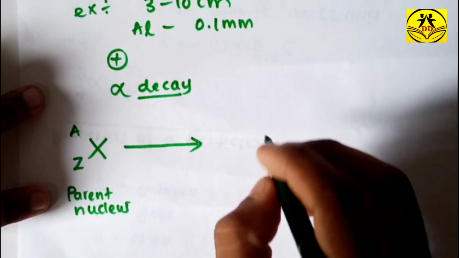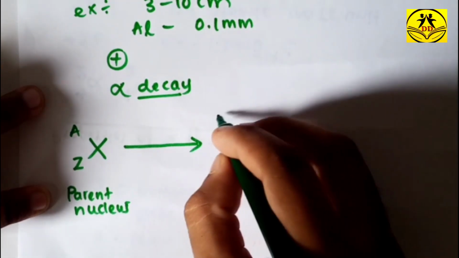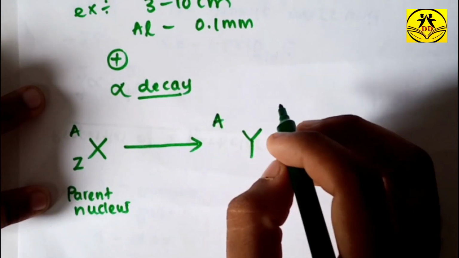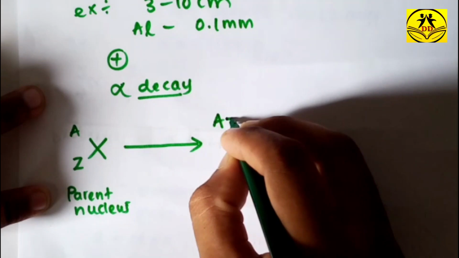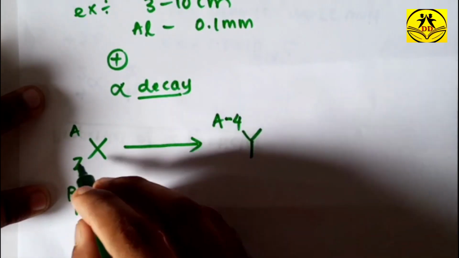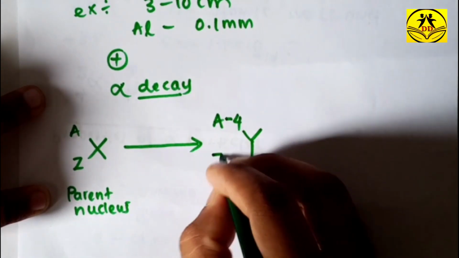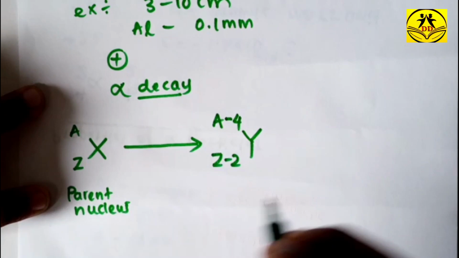The daughter nucleus will have a mass number which is 4 less than the parent nucleus, and an atomic number which is 2 less than the parent nucleus.